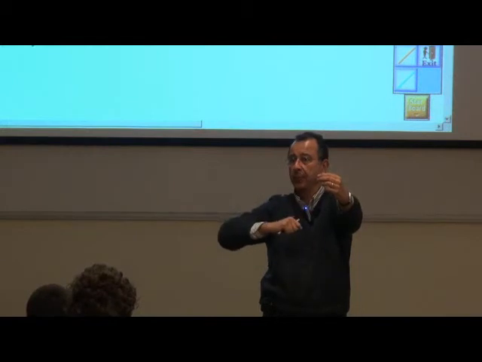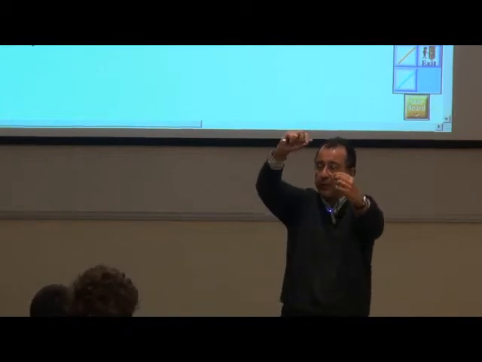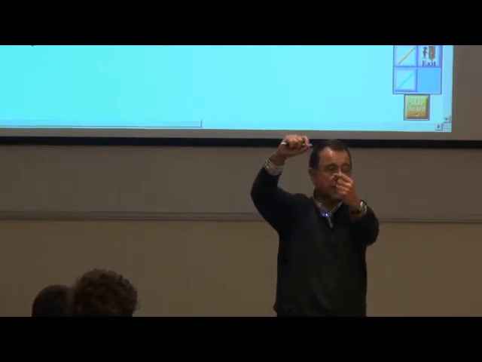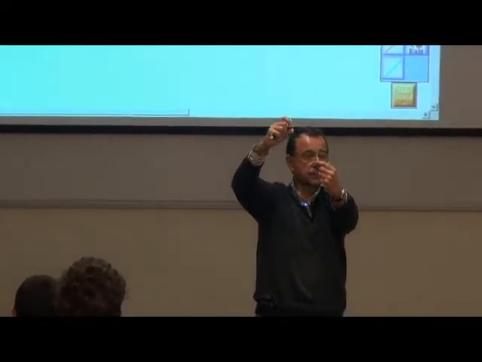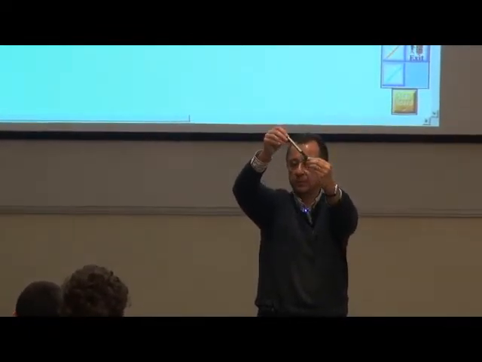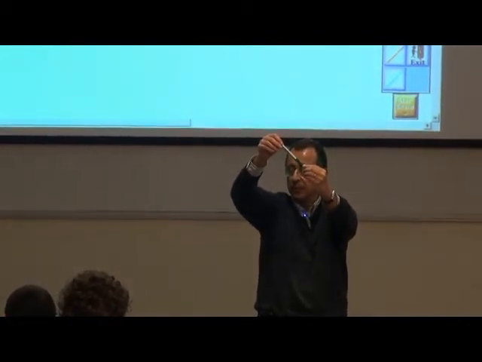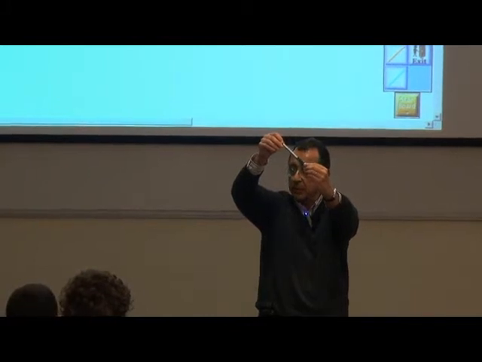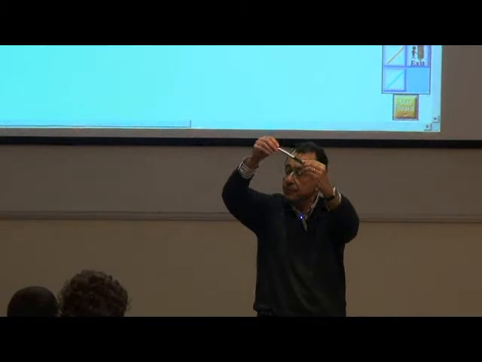Okay? What other points have the same strength of the electric field as this point? Here's my point. At radius little r, let's say 2 centimeters from the center. What other points in this problem are like this point? What are the points?